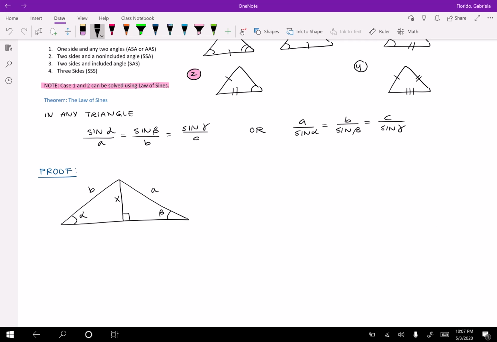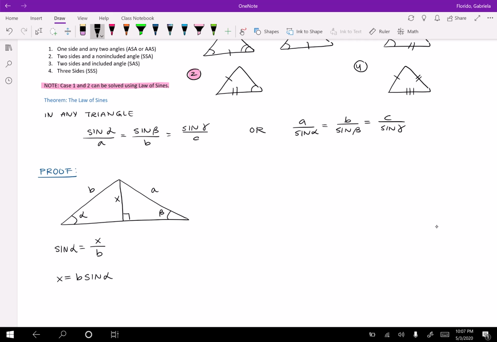And so now if I find sine of alpha, I know that sine of alpha is going to equal opposite over hypotenuse, which is going to be x over b. And if I solve for x, I get x is equal to b sine of alpha.